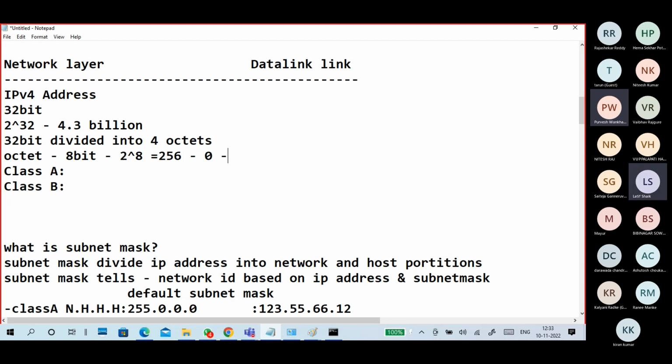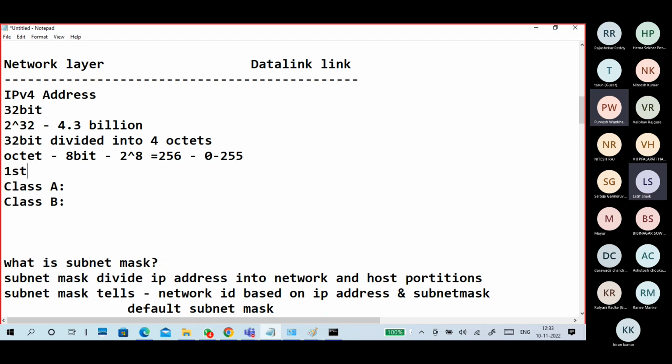Meaning it's 0 to 255. Each octet is 0 to 255. The first one is called the first octet, dot, second octet, dot, third octet, dot, fourth octet. Totally 4 octets.